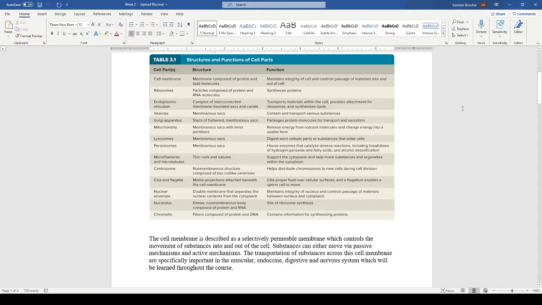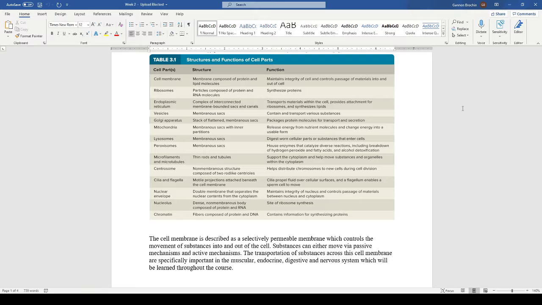Next, the endoplasmic reticulum is one of the two, I guess you could say, transport networks within the cell. The ER is responsible for transporting proteins that are synthesized by ribosomes that are on the ER.